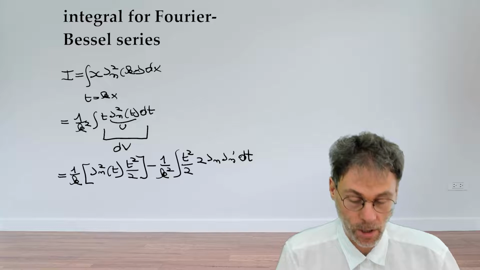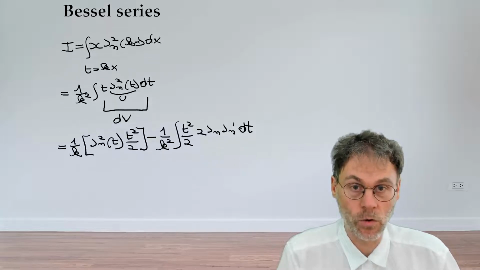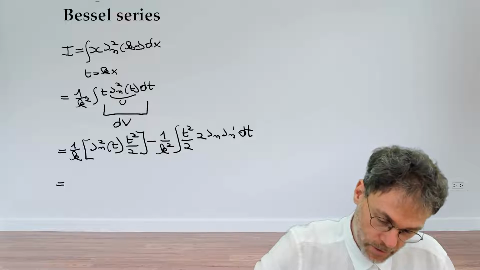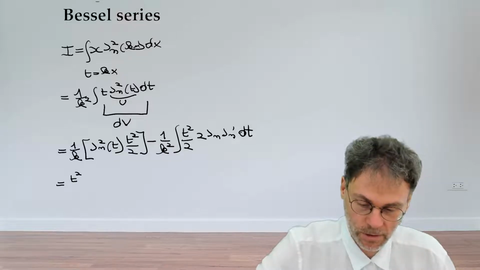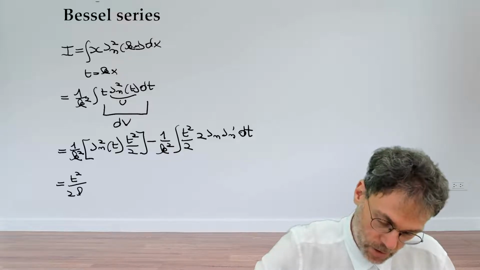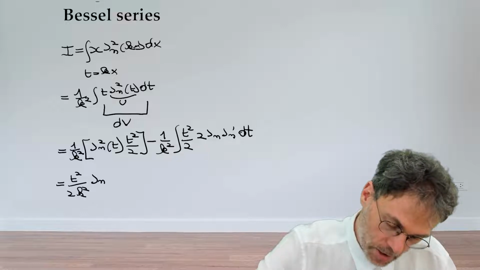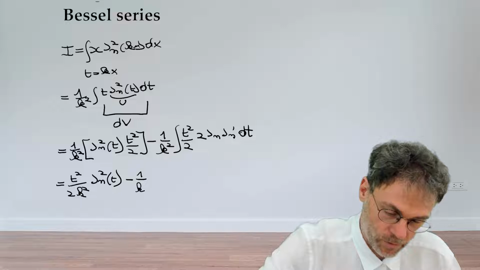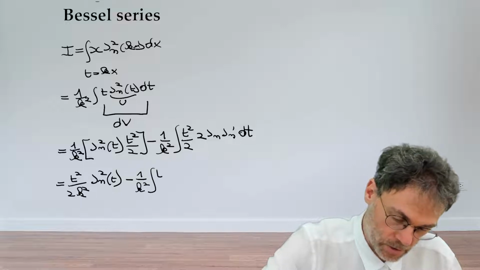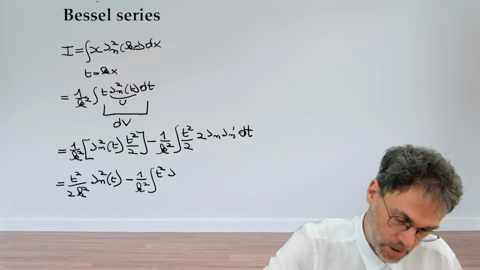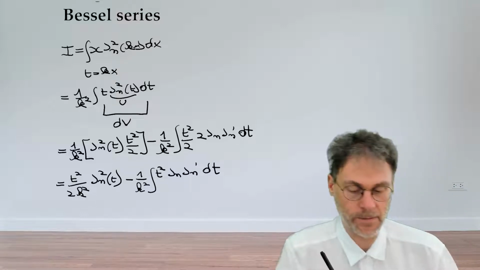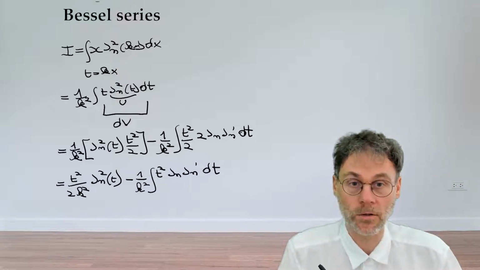Okay, cleaning this up a little bit, that gives us t squared over 2k squared J_n squared(t) minus 1 over k squared, the integral of t squared J_n J_n' dt. Okay, so that's the first step.